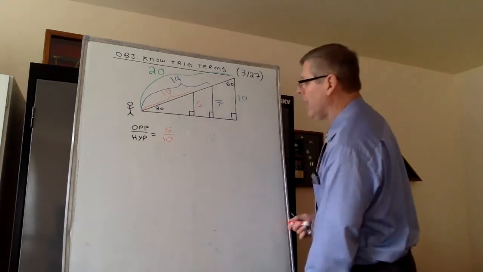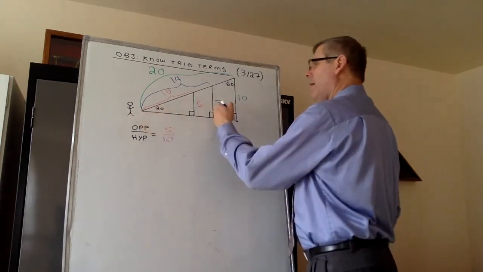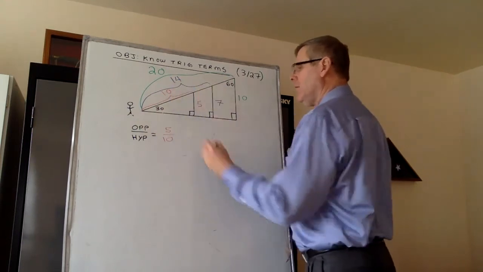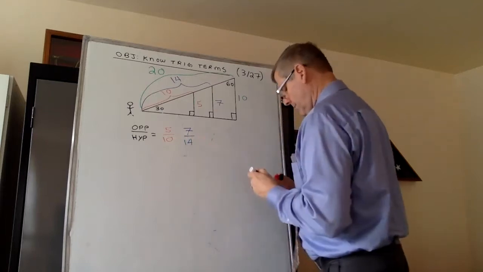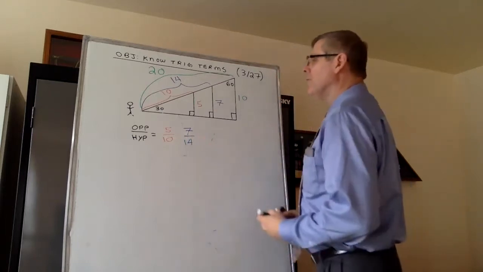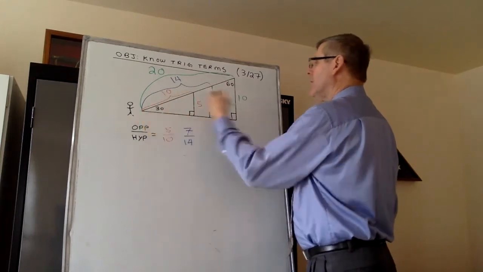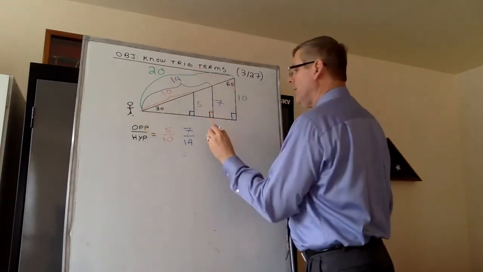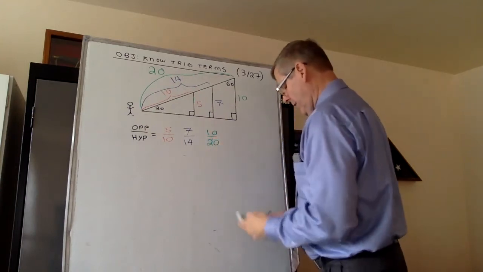For the next triangle, if I'm standing here 30 degrees, the opposite over the hypotenuse is 7 over 14. And finally, for the largest triangle, again, standing at the 30, my opposite over hypotenuse is 10 over 20.